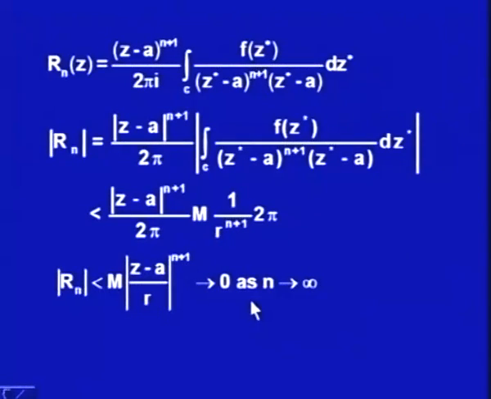So, this will tend to 0 as n tends to infinity. So, this proves that R_n tends to 0 as n tends to infinity, and that is why we have the Taylor series representation.